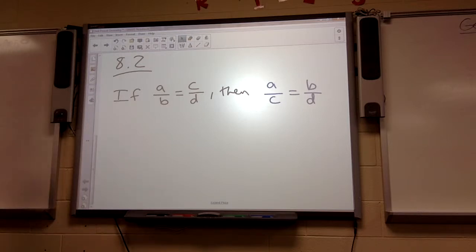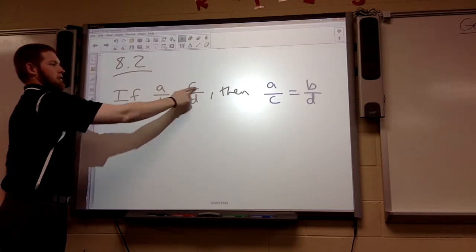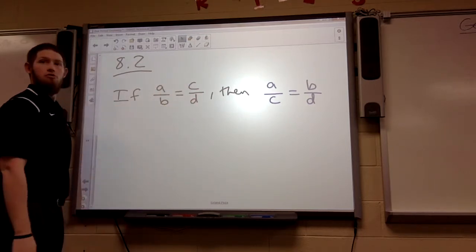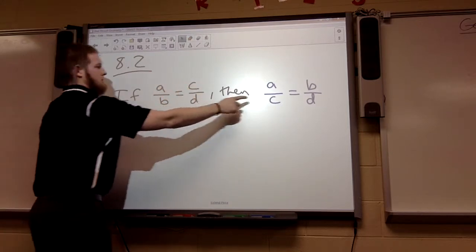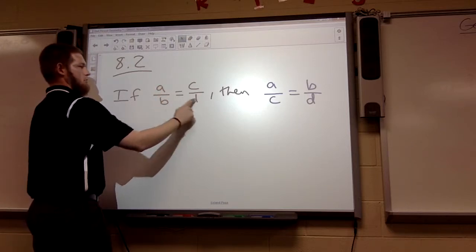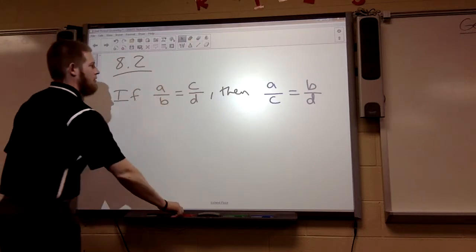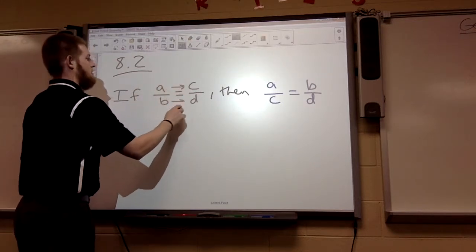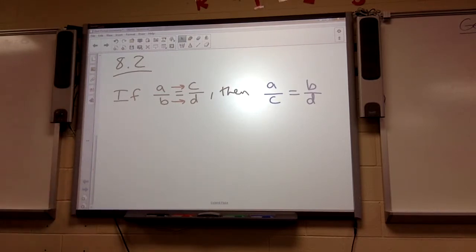So instead of going down, I'm going across, right? So I'm just switching it. Instead of putting A over B, I'm putting A over C. And instead of putting B under A, I'm putting B over D. So I'm just lining them up across instead of vertically. Does that make sense, everybody? Just switching them around a little bit. Your proportion is going to be exactly the same.